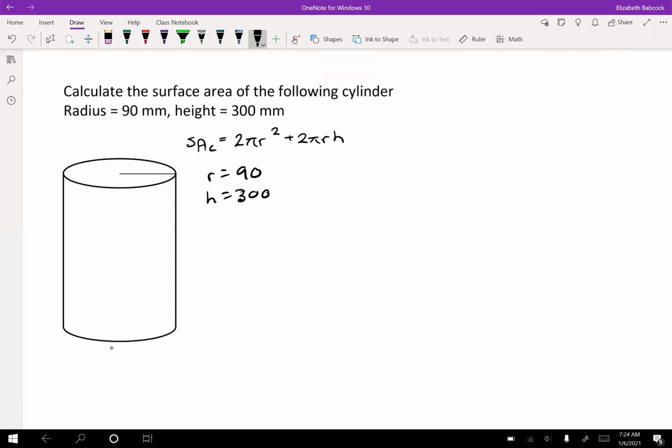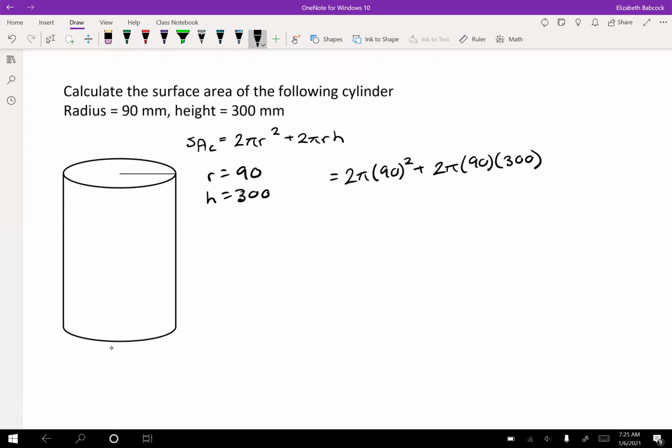So if we plug it into our formula, we have 2 pi 90 squared plus 2 pi 90 300. Okay, so when we get through to figuring these out, you can do them step by step. Solve for 90 squared, then multiply by 2 and multiply by pi.